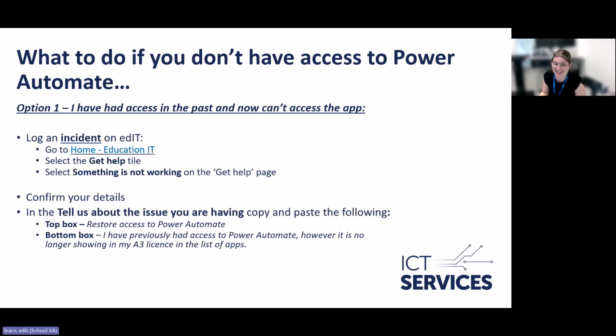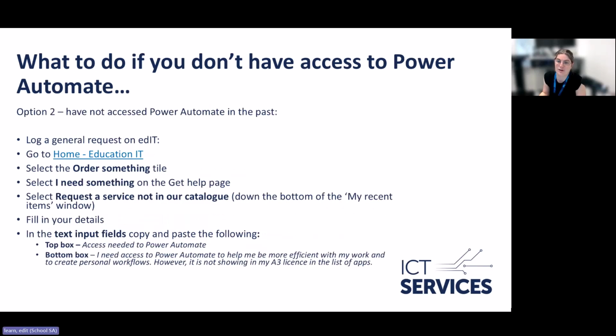If you used to have access and you're corporate, you need to log an incident with the help desk. If you're out of school, you need to talk to your IC technician. If you get that error message today, because it's the first time you've tried, and you're corporate, you do need to log an order something ticket for edit.